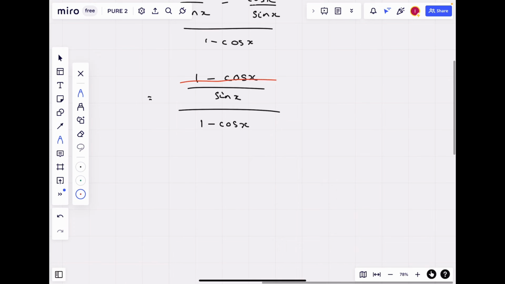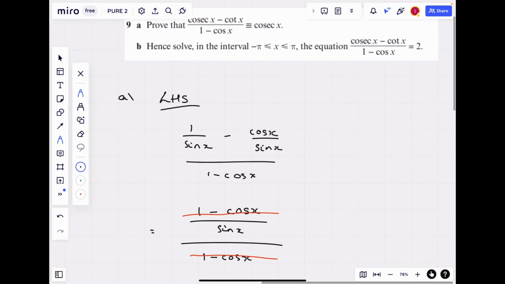These two cancel each other out. And you're left with 1 over sine, which is cosec. Did that make sense? You're doing 1 minus cos as a numerator divided by 1 minus cos as a denominator. The two cancel each other out. You're left with 1 over sine, and then equals cosec.